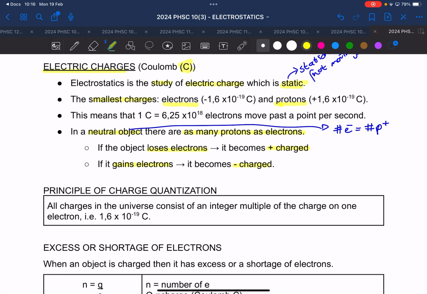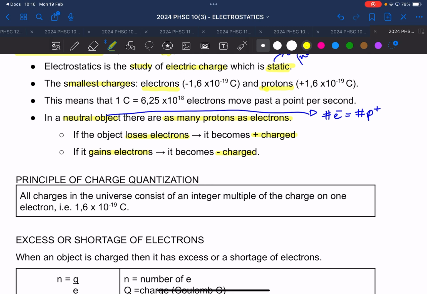Can an object gain or lose protons? Really? Can an object, a person, lose protons? If it loses protons, it's an atomic bomb.